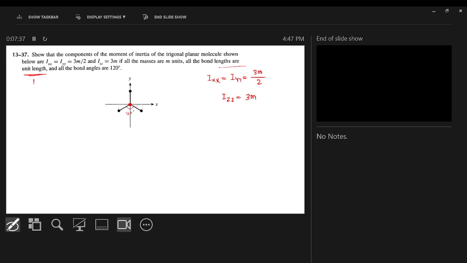So this will be 30, because the total is 180. So we need to find this distance r. Sine 30 degrees is equal to r by the bond length, which is 1.